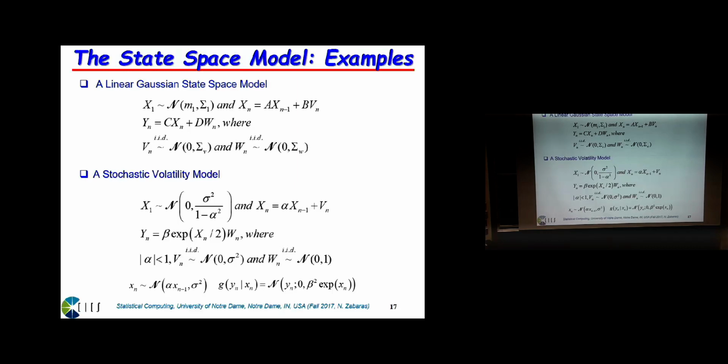And you notice the noise is not additive. Wn is multiplicative. The likelihood model looks Gaussian with zero mean, and the variance is beta squared times the exponential of Xn. The fact that you have this exponential there makes this an interesting problem for testing algorithms.